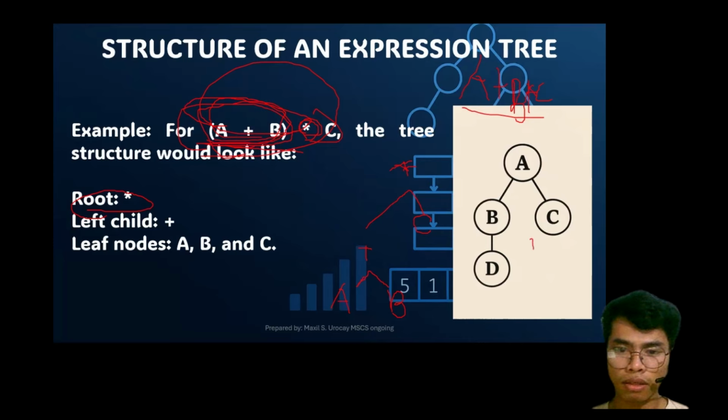So plus, then A B. And then times C is actually, no. What will happen? I'm so sorry. We have to work from the highest precedence.